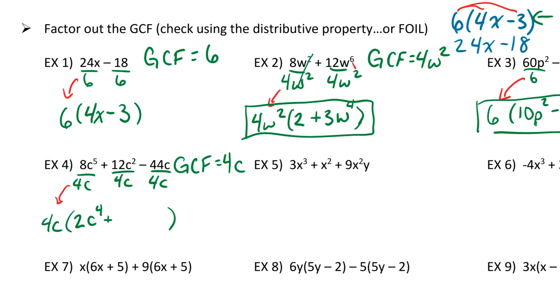Next, 12 divided by 4 is 3. C squared over C would be 2 minus 1 is 1. Last one, negative 44 divided by 4 is negative 11. And the C's actually just cancel out.